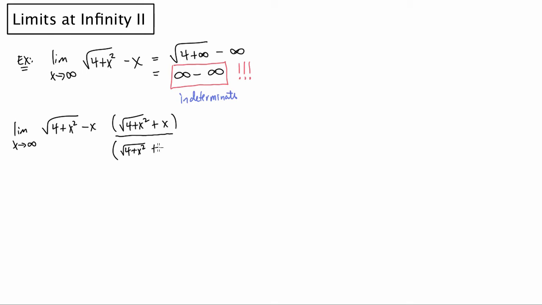I'm essentially multiplying by 1. Alright, if I do that and just simplify the result, then remember how we multiply conjugates. You square the first term, and then you square the last term, and so this would be our new numerator. And then the denominator is just the conjugate in this case.